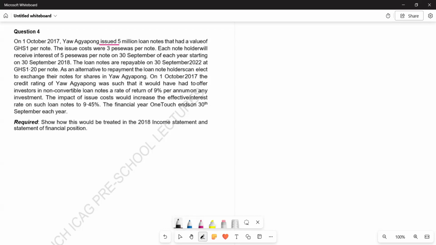What will be the issue cost? Let's first get the face value. The face value equals 5 million times what? Once, so 5 million. Issue cost will be 5 million at 0.03. Don't go and write 0.30, it is 0.03.